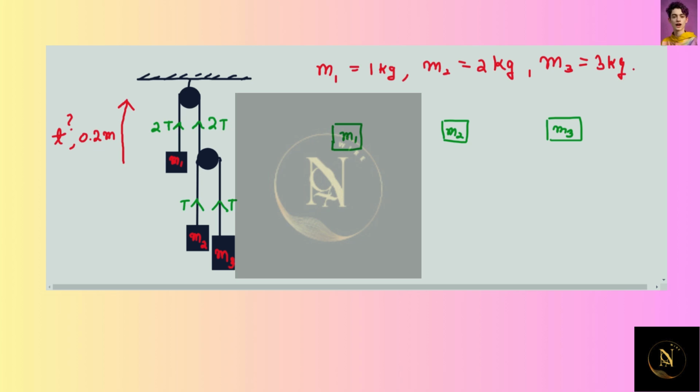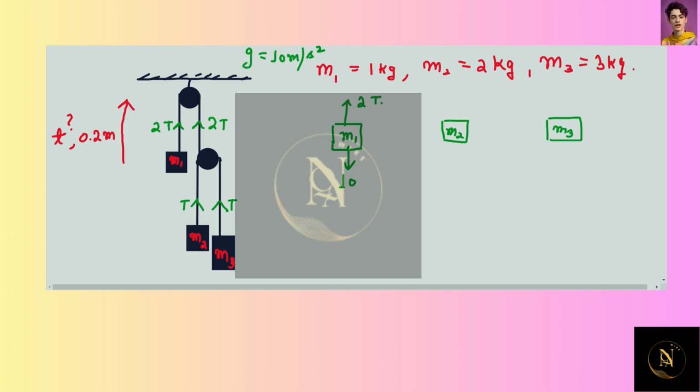So it's clear that on M1 the force acting is 2T, and the weight, because its mass is 1, so it will be 1 into G, that is 10 newtons. Here we consider the value of G to be 10 meters per second squared.